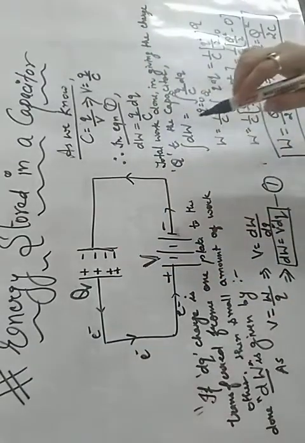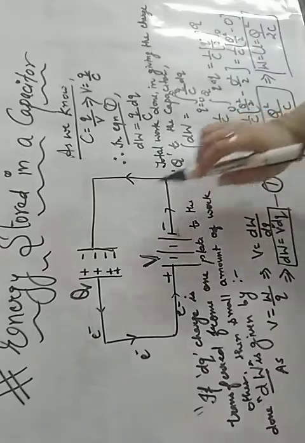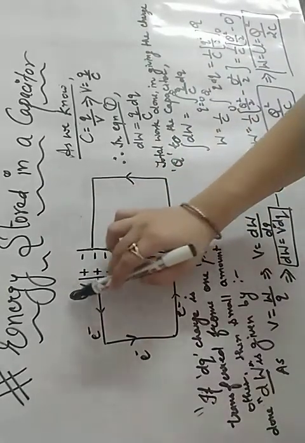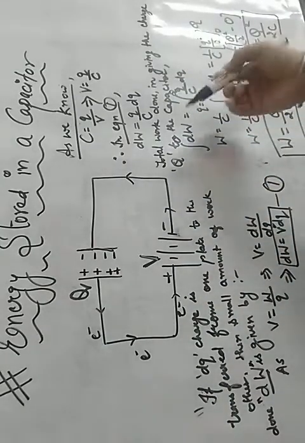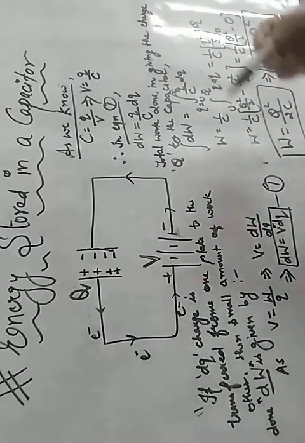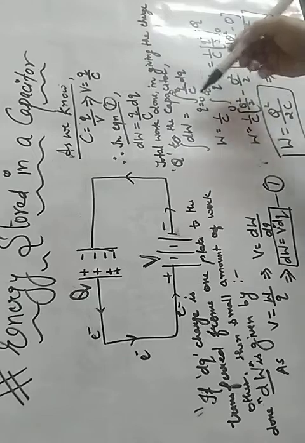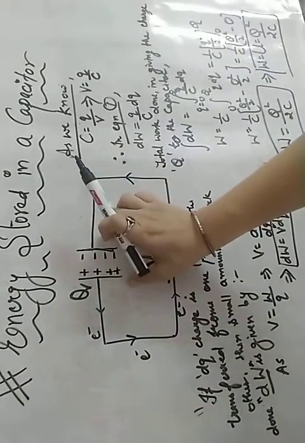If we want to calculate the total work done in giving the charge capital Q, meaning in charging the whole capacitor to the charge capital Q, what we will be doing is integration, and we will be taking the limits 0 to Q. When there is no charge on the capacitor, the battery is off.